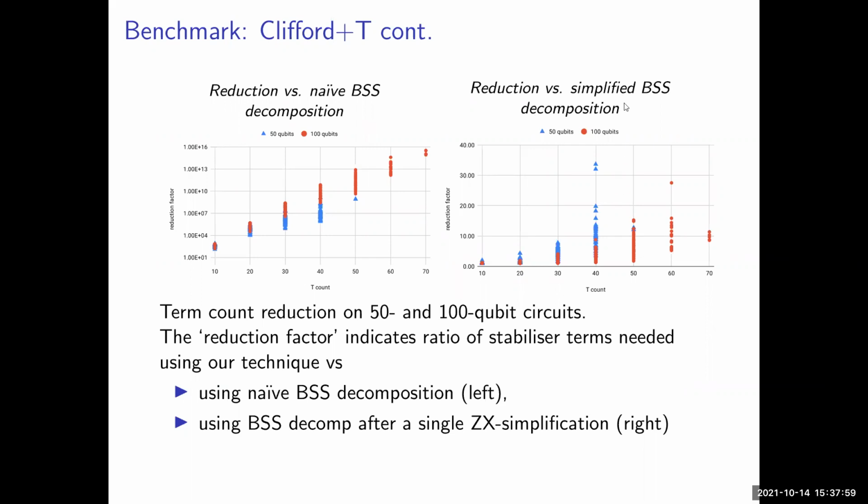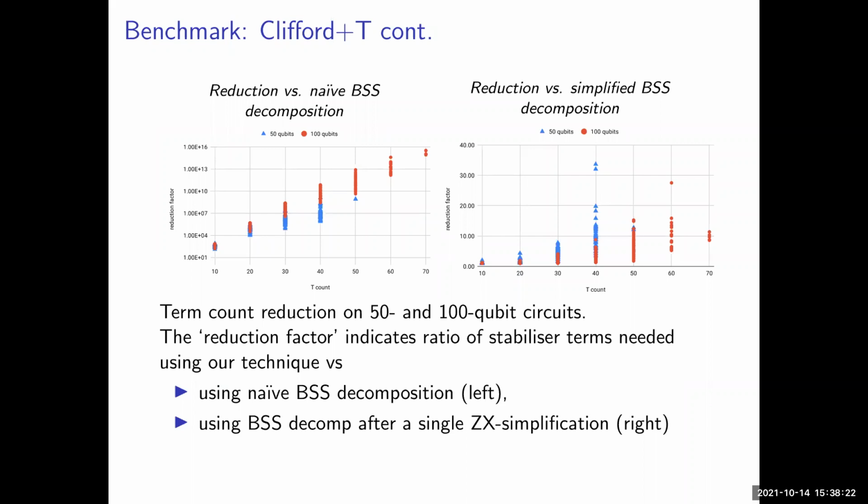So here we optimize the circuit, then we do the naive decomposition, and we compare it against our approach. And what we see is that we still get quite some improvement in the term counts. So for instance, we get this like 10 times fewer terms, which at first sounds quite impressive.